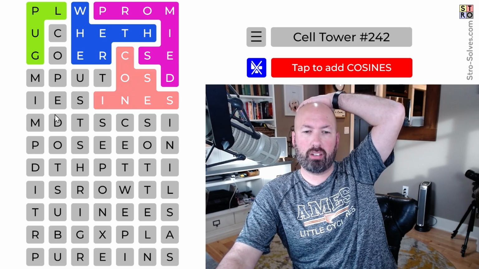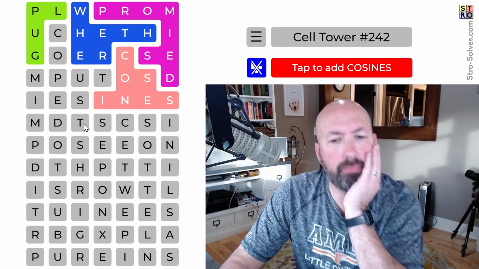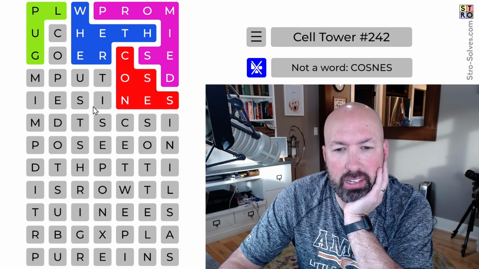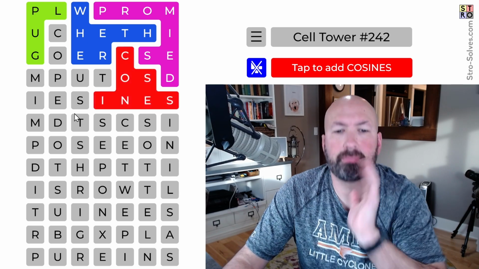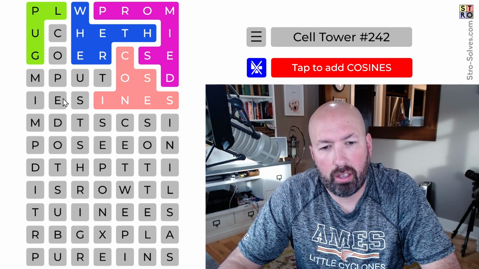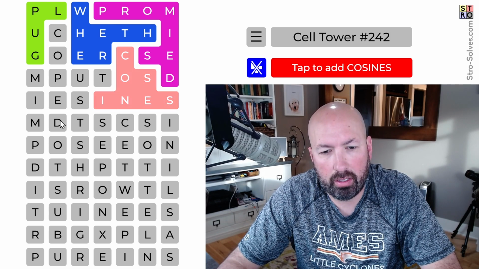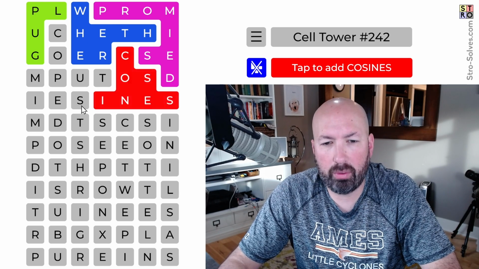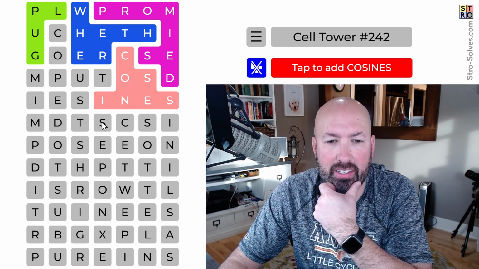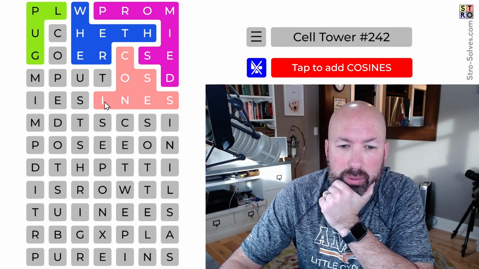If we do computed, and that's the D, then we'd have ST. Right, because I was thinking about sits, but then you can't do cosine. We can do computes or computed. But if we do impose and computed, then we've got this STS thing going here. But if we do computes, then we've got DTS. Yeah, so I don't think cosine is gonna work.